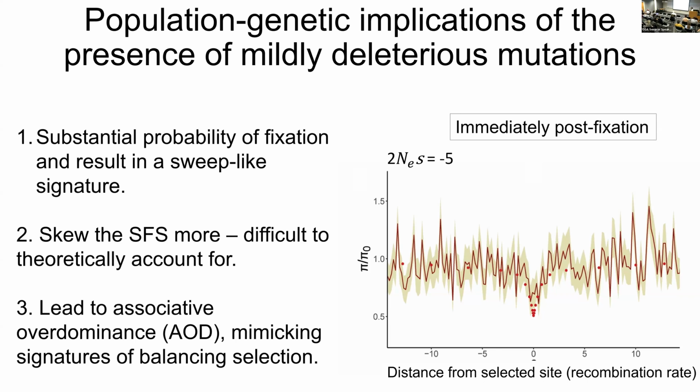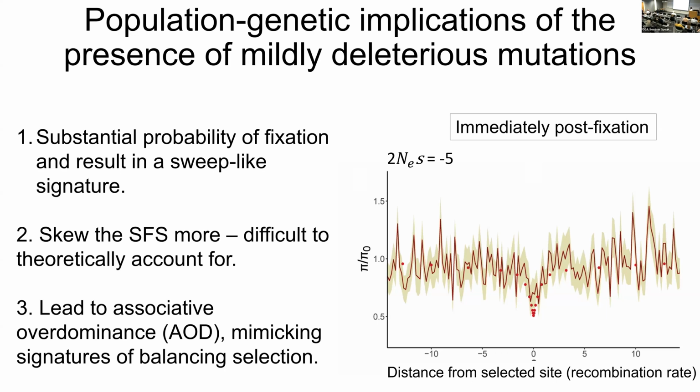So even a mildly deleterious mutation creates these sweep signatures. These don't matter very much in a highly recombining population, like a Drosophila population, but they will matter more when you have regions of low recombination or species with low recombination, because they will extend quite a bit further out in those cases.